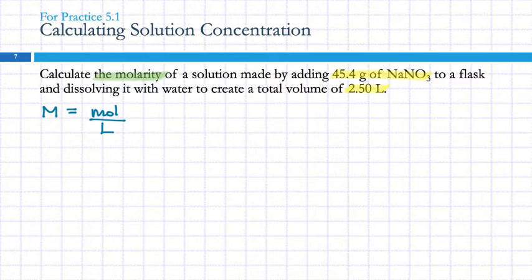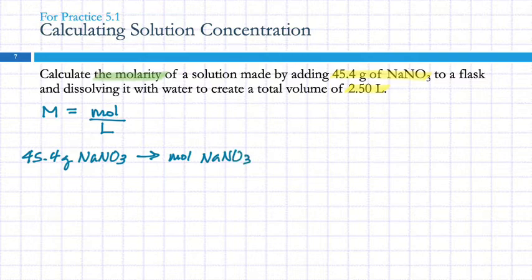So I need to know how many moles of solute I have. Did they give me moles of solute? Of course not. That would be boring, right? They gave me grams. Can I convert that to moles? Yeah. So I'm going to have a conversion down here. I'm going to take 45.4 grams of NaNO3, and I'm going to convert that to moles of NaNO3.